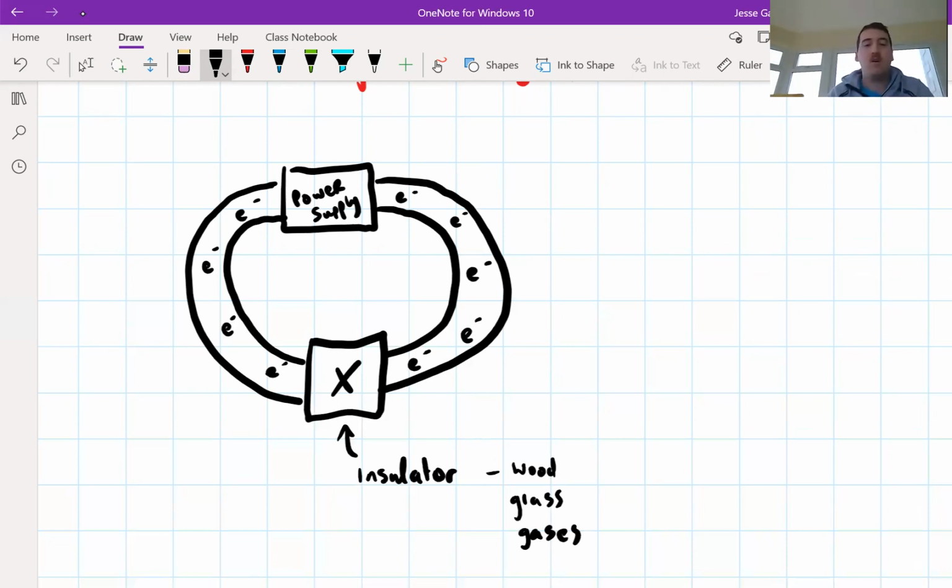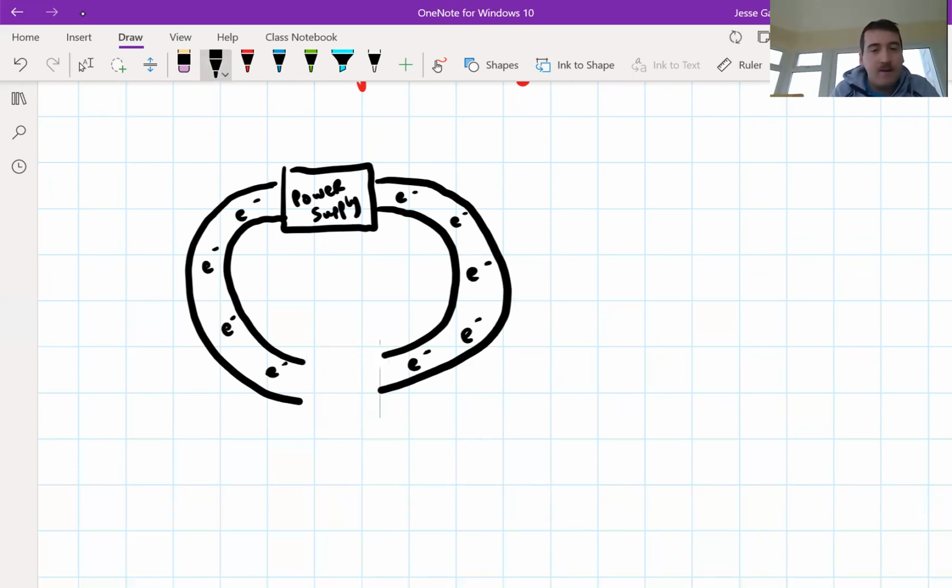Okay, so what about ionic substances? Because that's what we're interested in here. Are they conductors or are they insulators? So to test this out, let's say, for example, we had a big giant crystal of sodium chloride. A big giant crystal, solid structure of positive and negative ions connected together.